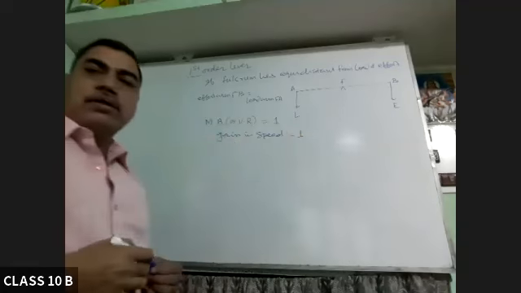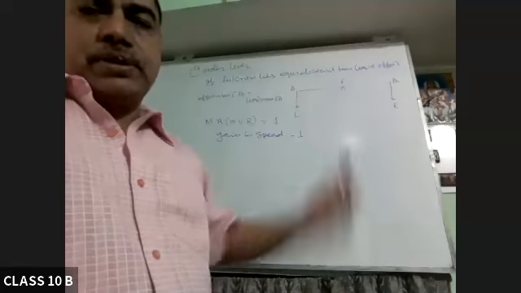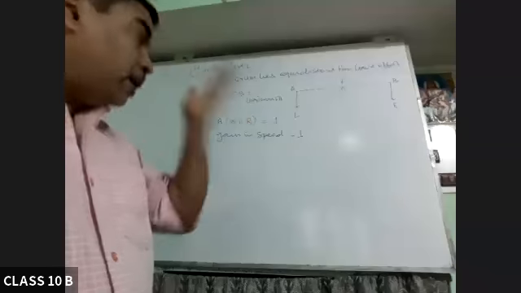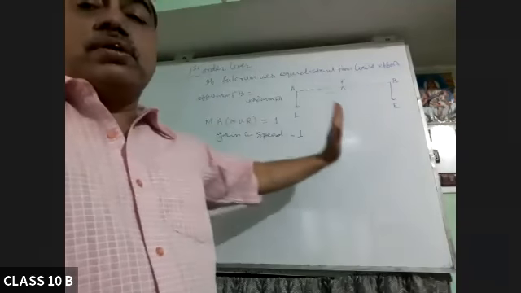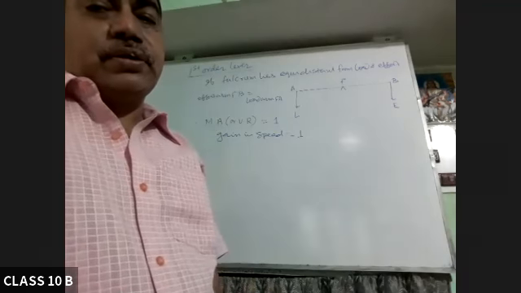So here gain in speed is also not possible. Whatever distance will be moved by the load arm, the same distance will be moved by the effort also. So it is neither used to multiply force nor to multiply speed. Then for what purpose?